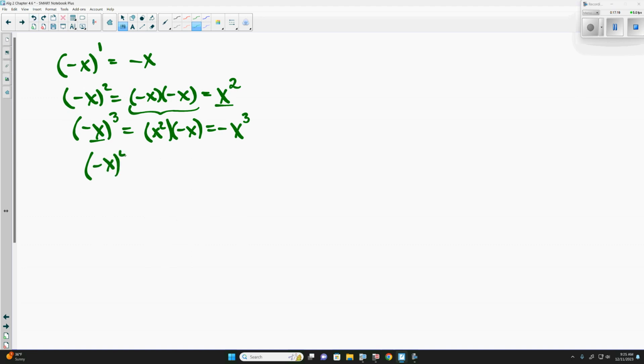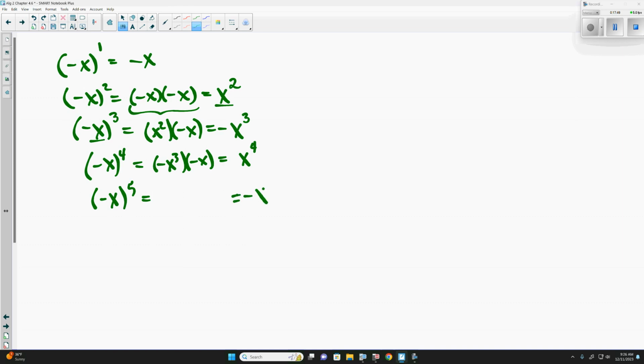Now the 4th power. Well, we're just taking the previous one, our negative x to the 3rd, and multiplying it again by another negative x, yes? X to the 3rd times x is x to the 4th. But a negative times a negative is a positive, yes? What would we expect negative x to the 5th to be?